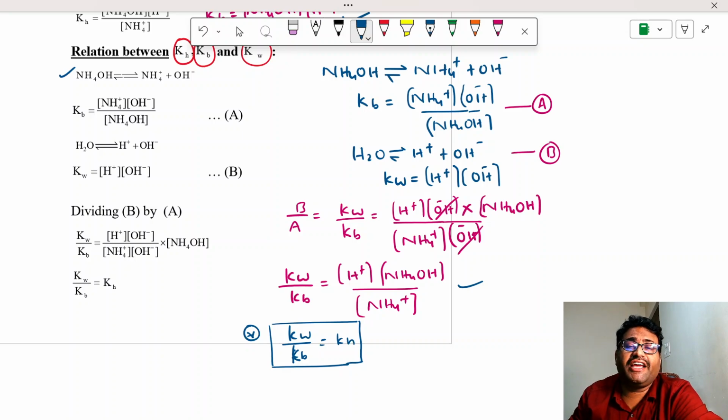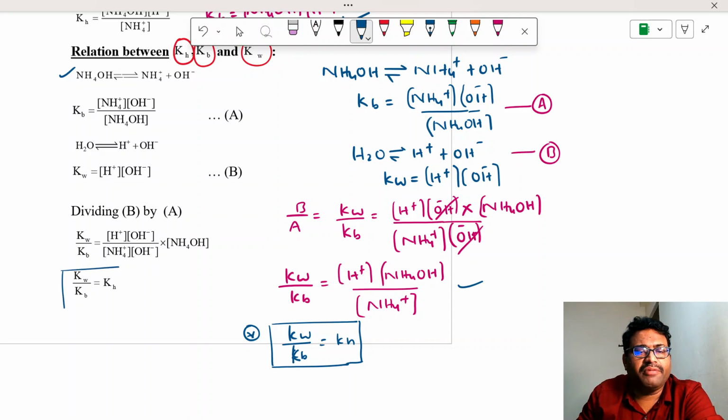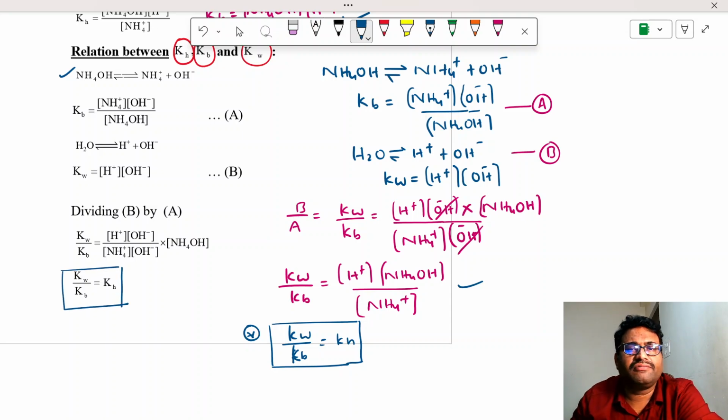When do we write Ka? For a weak acid. So when weak acid and strong base are involved, we write Kw by Ka. But here in the salt, as weak base is involved, we write Kb. Kw by Kb is equal to Kh. Understood? Let's move to the next part.